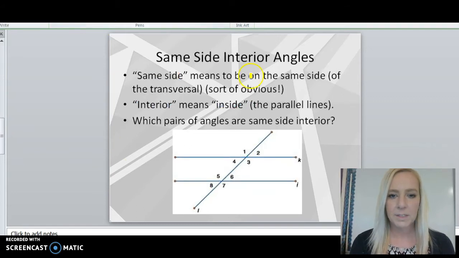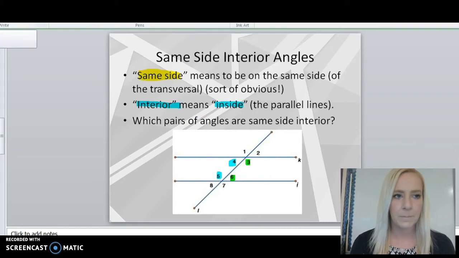Then we have something called same side interior. Same side means to be on the same side of the transversal. Kind of obvious. And then again, interior means inside the parallel lines. So same side interior would be 4 and 5 because they're on the same side and they're inside the parallel lines. 3 and 6 are also same side interior.